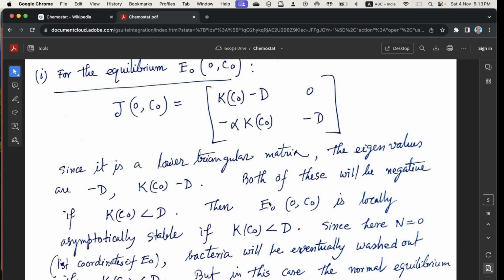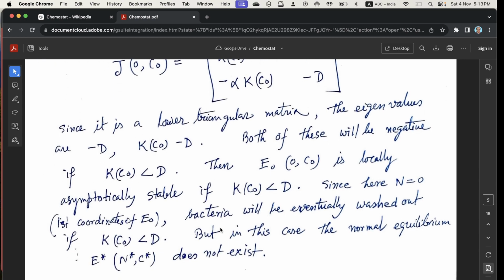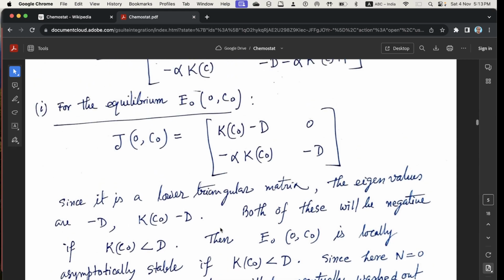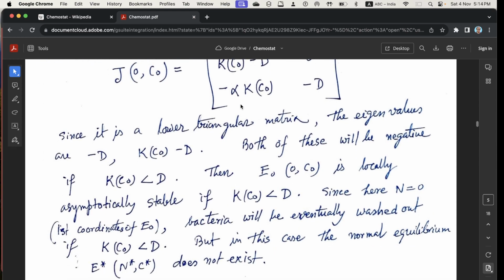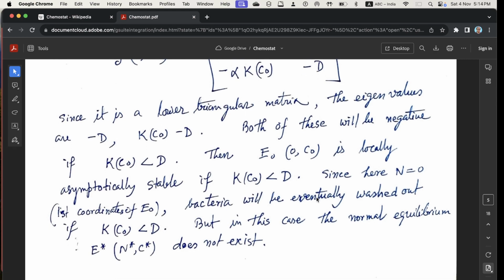Then E0 is locally asymptotically stable if K(C0) is less than D. Since here N equals 0, because this equilibrium point is (0, C0), the first coordinate will be 0. Bacteria will eventually be washed out if K(C0) is less than D.